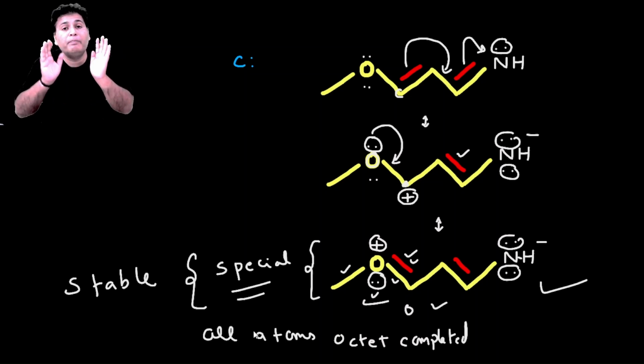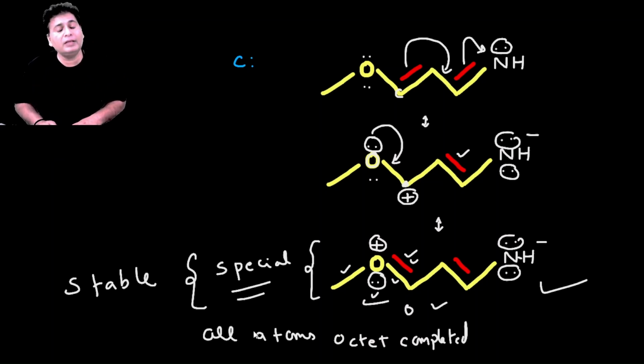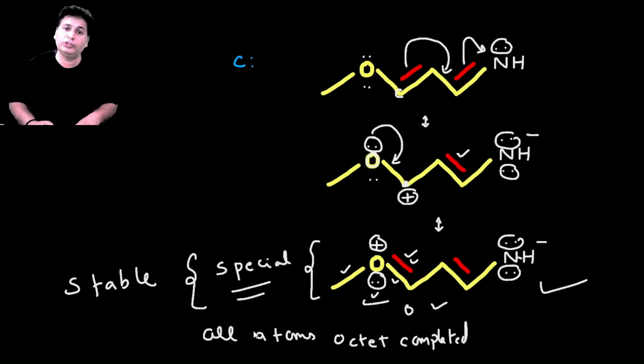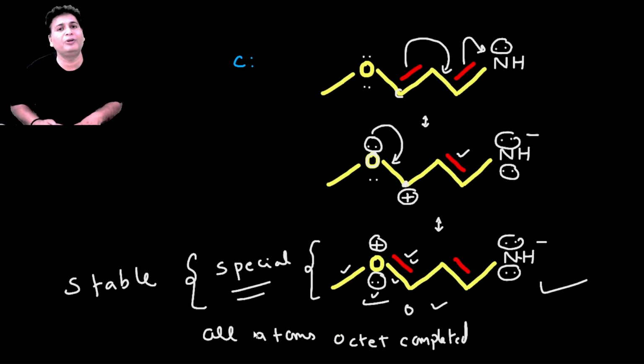So all the bad features which remained with A and B are absent in C. So on this ground you can think that in the case C, the electrons will be provided to nitrogen through resonance with more tendency, with more inclination, because of the stability of the structure.